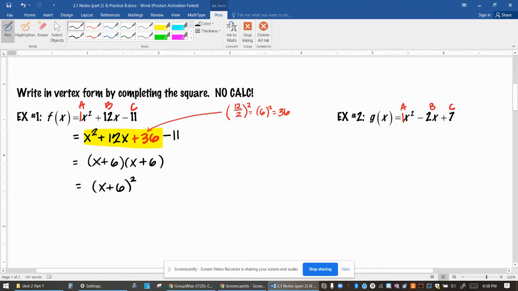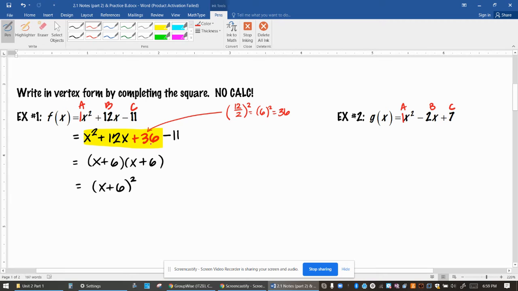However, as soon as I added the 36, I changed the value of the parabola in the equation. The original equation didn't have a plus 36. So staying within the rules of algebra, I added 36 for the purposes of being able to factor the trinomial into two of the same binomials.